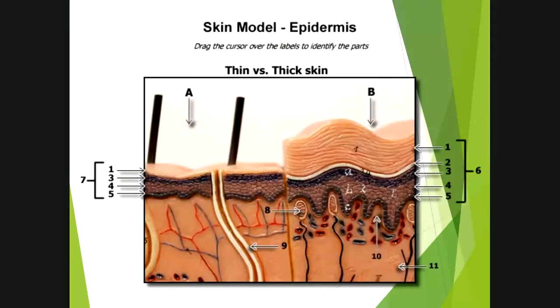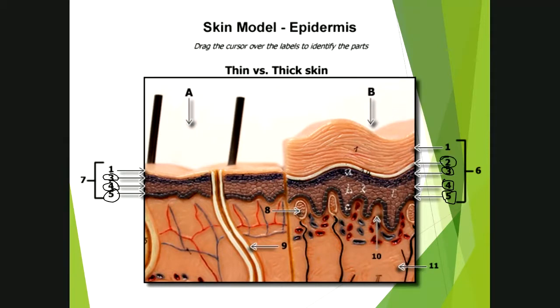And if we come back to this, everybody see if you can name these layers. Again, if you start at the bottom, 5 is basale. And that's true here and here. 4, spinosum. 3, granulosum. And then over here we don't have this one, that's lucidum.